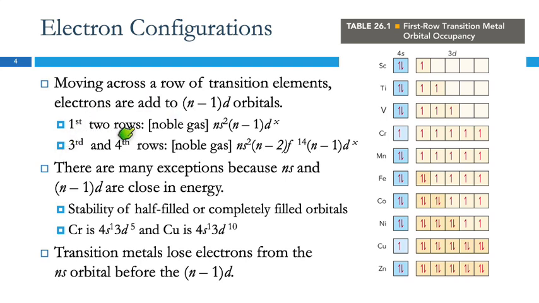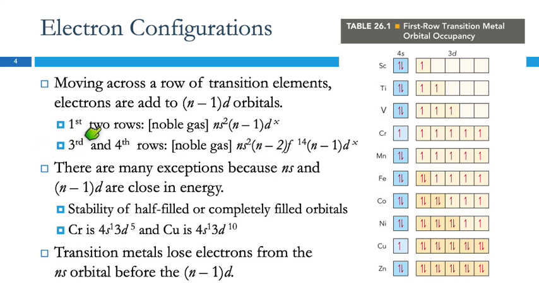In the first two rows, we're going to have ns2 (n minus 1)dx. So if n is 4, we've got 4s2 and 3d. And the next one we have 5s and 4d. But then after that, we get down into also having f electrons in there.